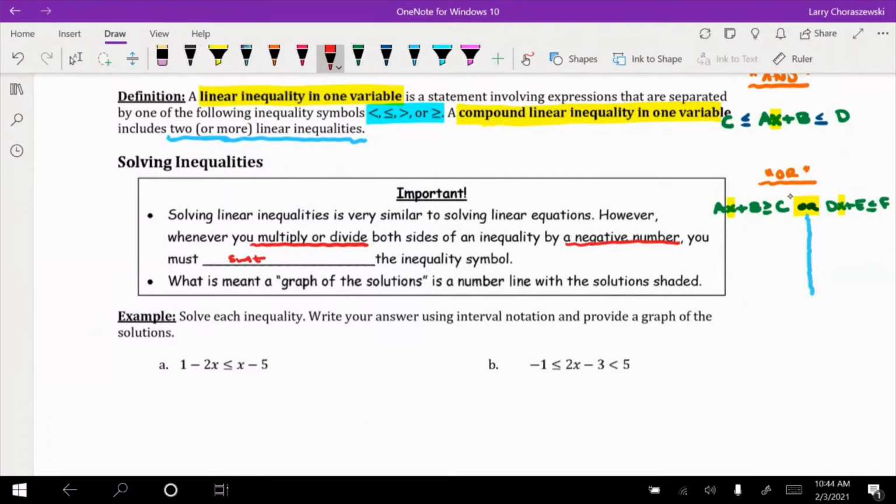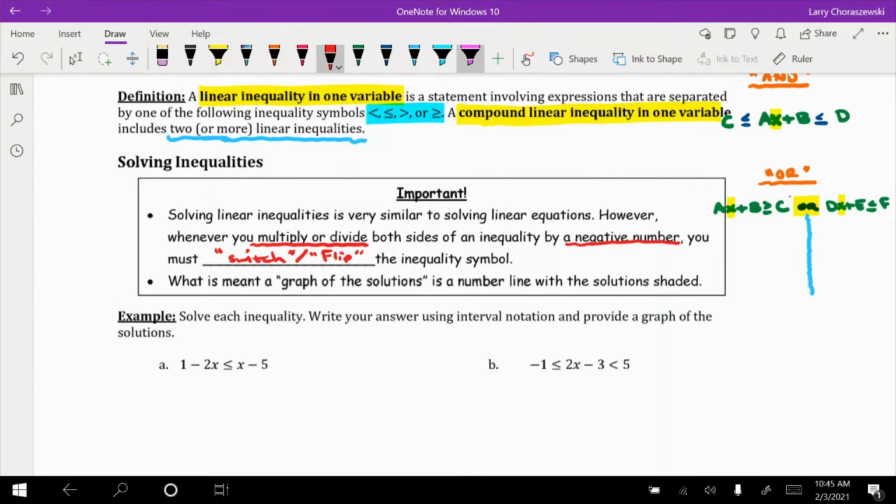A lot of people like to say you switch it. All right, but flip works just as well. I'll sometimes say reverse, but either way, the inequality symbol is changing direction when you multiply or divide by a negative number.